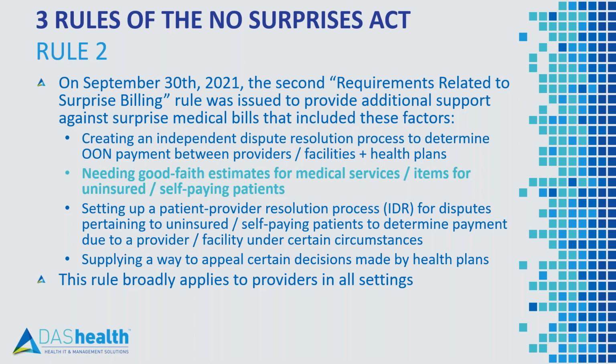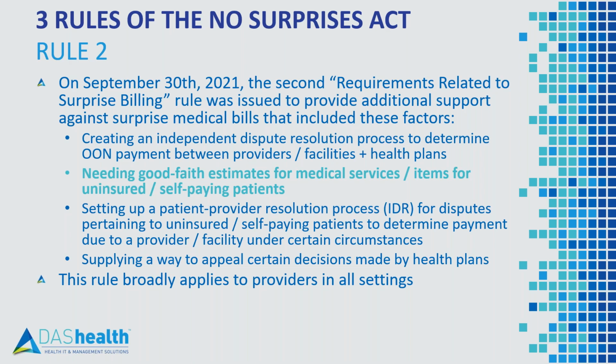Needing good faith estimates for medical services or items for uninsured self-paying patients. Setting up a patient-provider resolution process for disputes pertaining to those uninsured patients to determine payment due to a provider under certain circumstances, and also supplying a way to appeal certain decisions made by health plans.